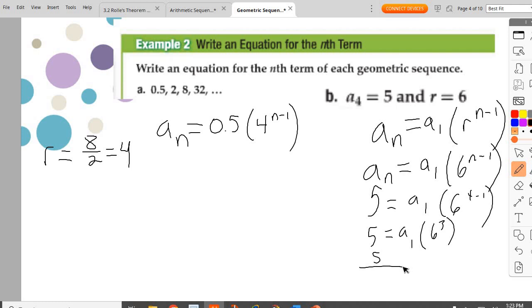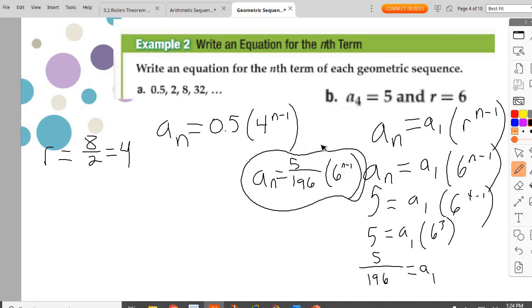So 6 times 6 gives us 36. 36 times 6 is 216. So that's our a sub 1. So now, do we have all of our pieces to plug it in? So we have 1 divided by 216 times 6 to the n minus 1. And that would be our answer. What questions do we have there?